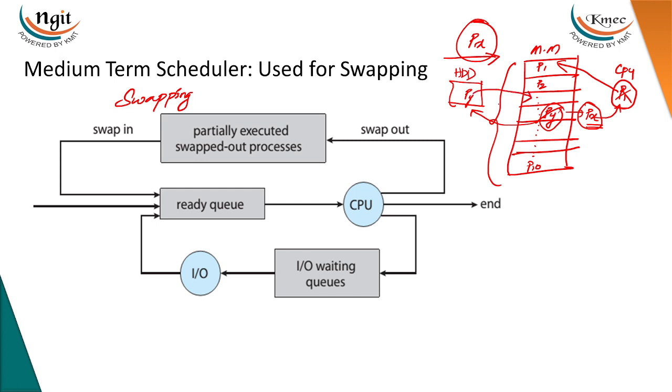The process of sending a process from main memory to hard disk is called swap out, and the process of sending a process from hard disk to main memory is called swap in. This will happen when the main memory is full and there is no place to allocate for a new process.